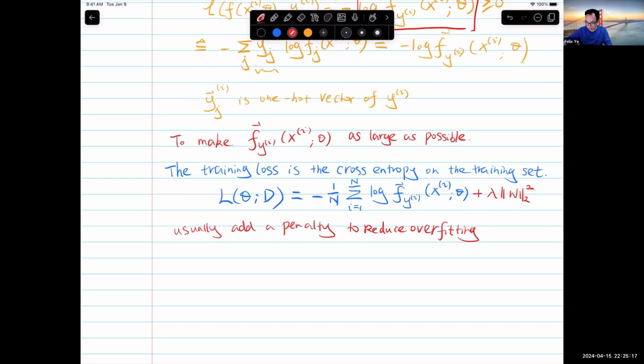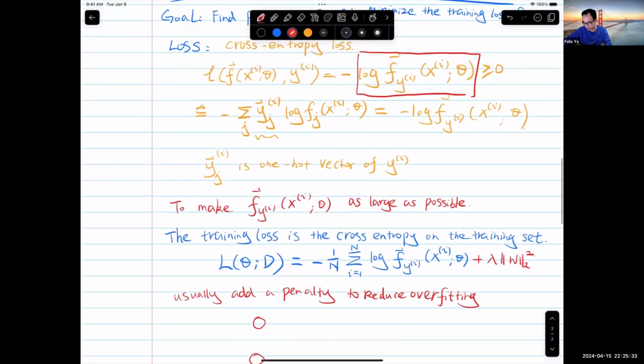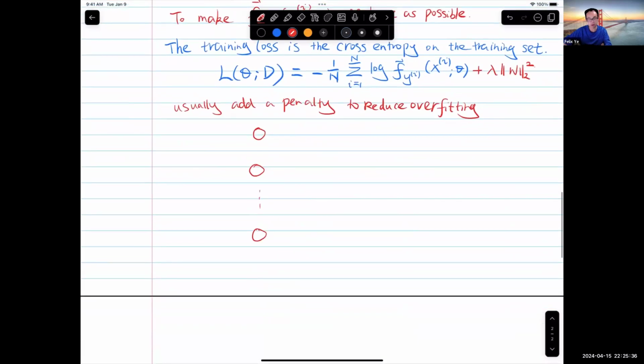To give you some idea, we can think about all these features as something like a neuron. If we have D-dimension features, I have D neurons here, each feeding certain values.